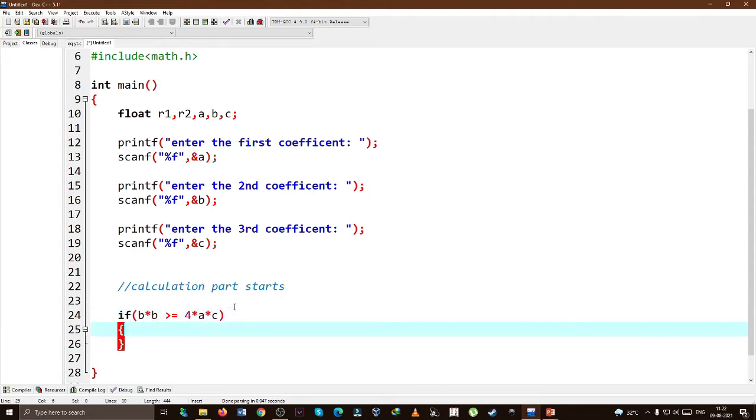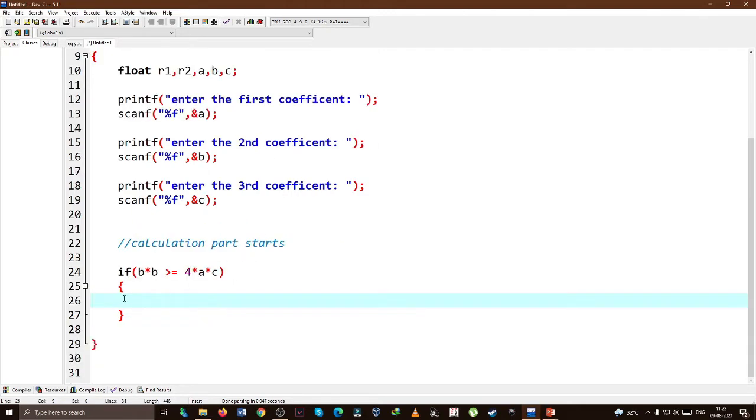Here we will find out if b^2 is greater than or equal to 4ac or not. If b^2 is greater than or equal to 4ac, then the roots can be calculated. So the first one is positive: (-b + square root of (b^2 - 4ac)).